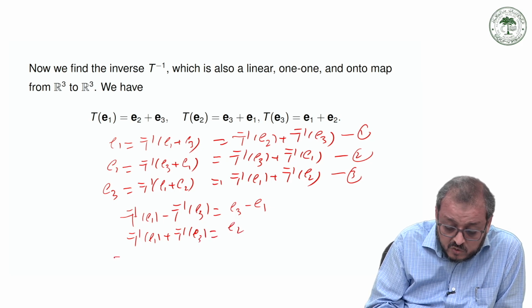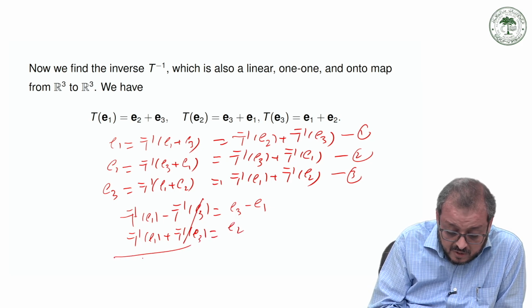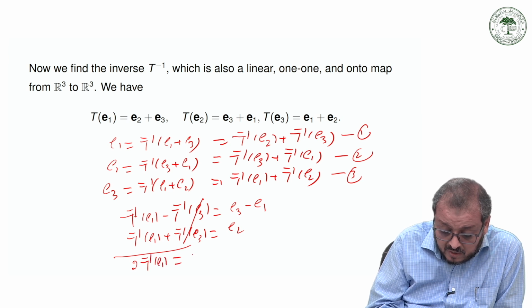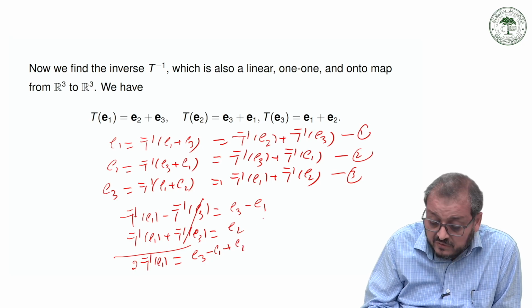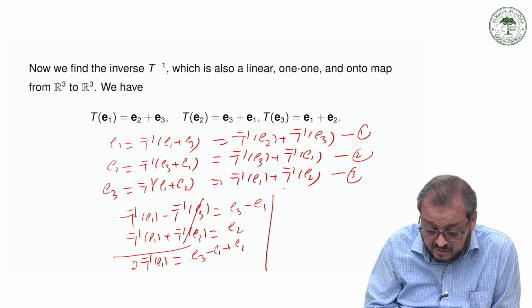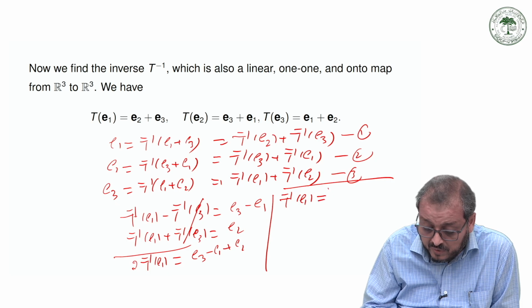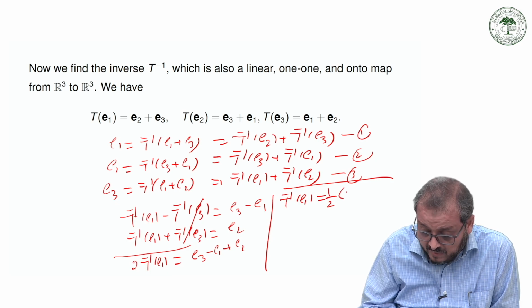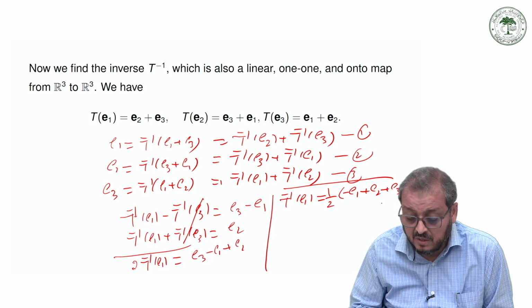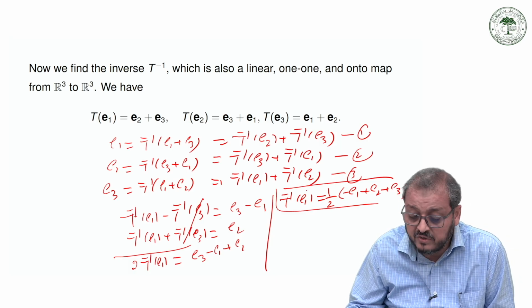If we add these two and simplify, we get 2 times T inverse E1 is equal to E3 minus E1 plus E2, so T inverse E1 is equal to 1 by 2 of (minus E1 plus E2 plus E3).